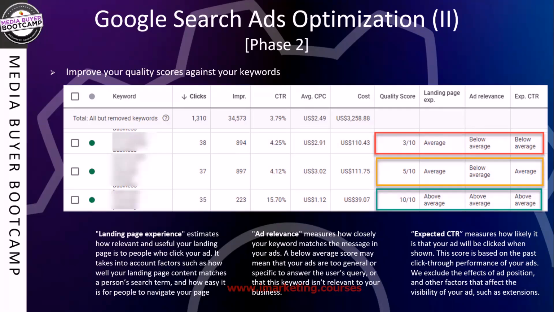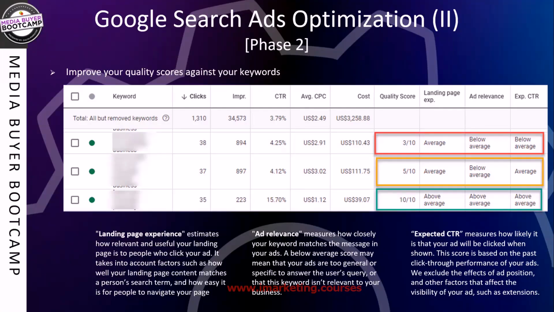Just looking at some questions. Nicholas asks, is there a tool to automate this based on different conditions, such as if CTR is less than 5%, then add a negative keyword? So yes, you do have these things called Google Ads scripts that you can use. They're actually available for purchase as well.